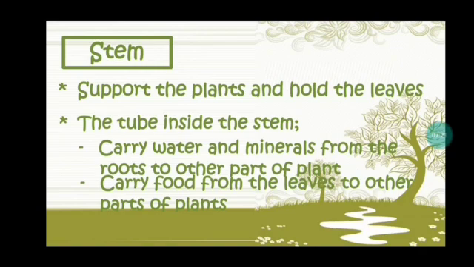Jadi inside the stem there are 2 kinds of tube, ada 2 macam pembuluh atau saluran. The first we call xylem, and the next we call phloem or sieve tube, pembuluh kayu dan pembuluh tapis. We talk about this in 5th grade.